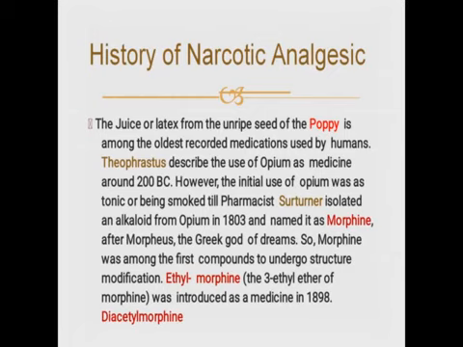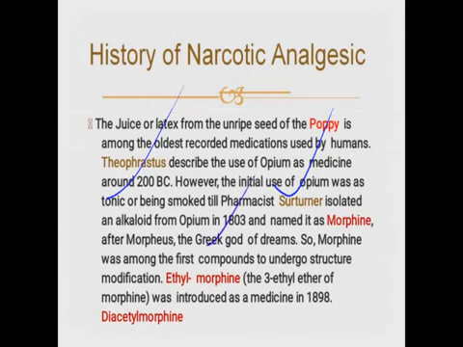Generally, the juice or the latex obtained from the seeds of the poppy is useful for the treatment of pain. In history, Theophrastus described the use of opium in 200 BC. Generally, it was used as a tonic.